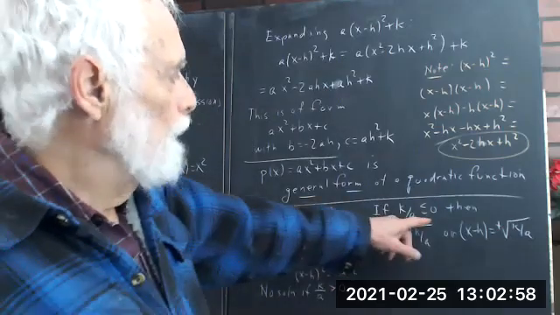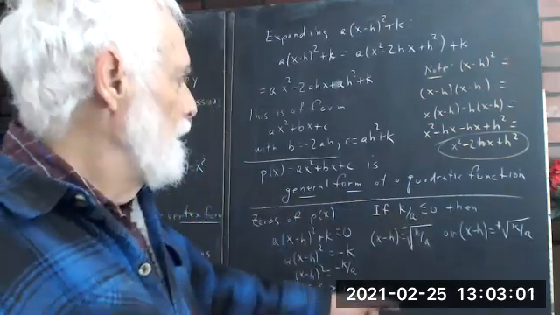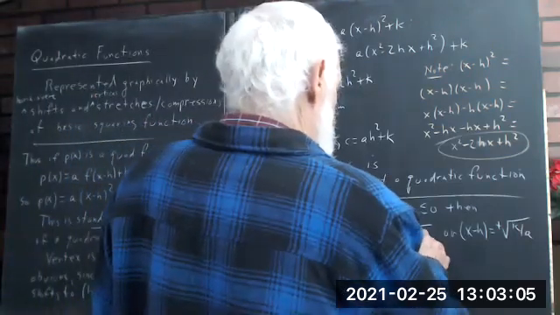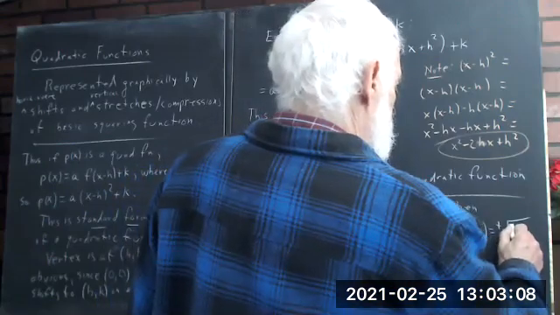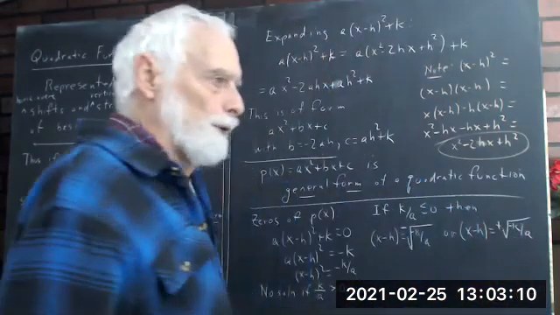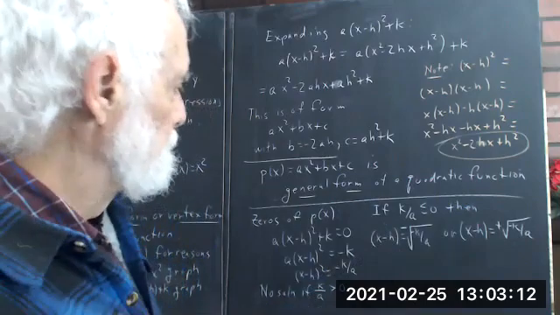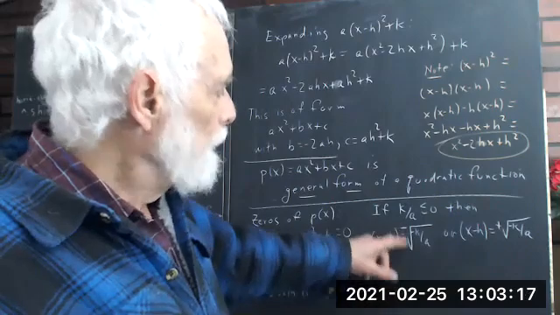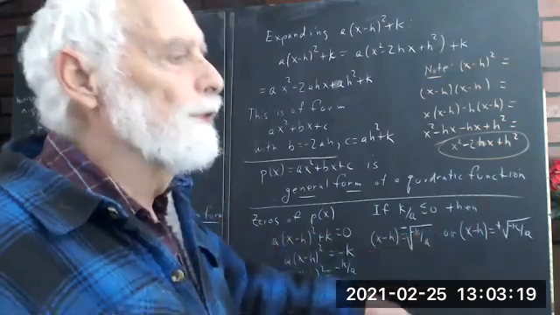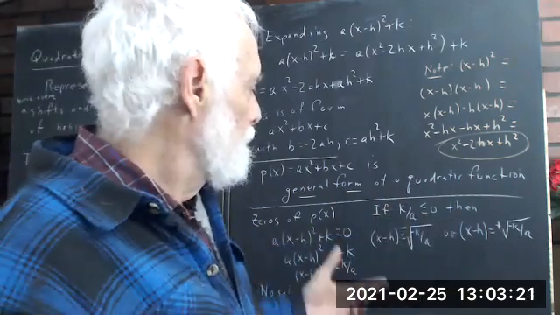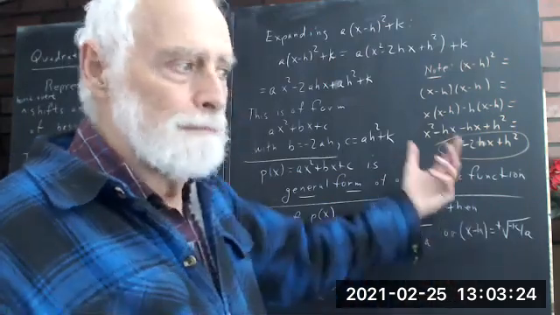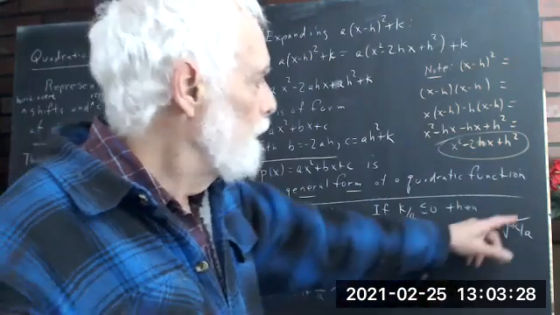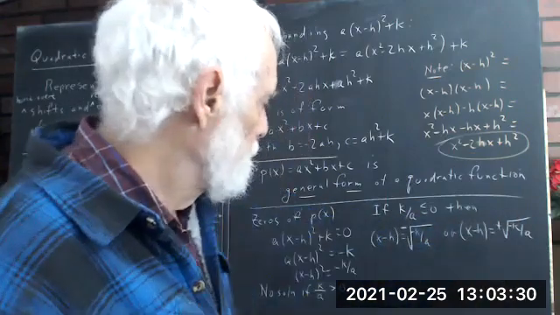Well, if k over a is less than or equal to 0, then negative k over a is greater than or equal to 0, and we can take its square root. And you can verify that if x minus h is plus or minus the square root of negative k over a, then when it's squared, x minus h squared is negative k over a.